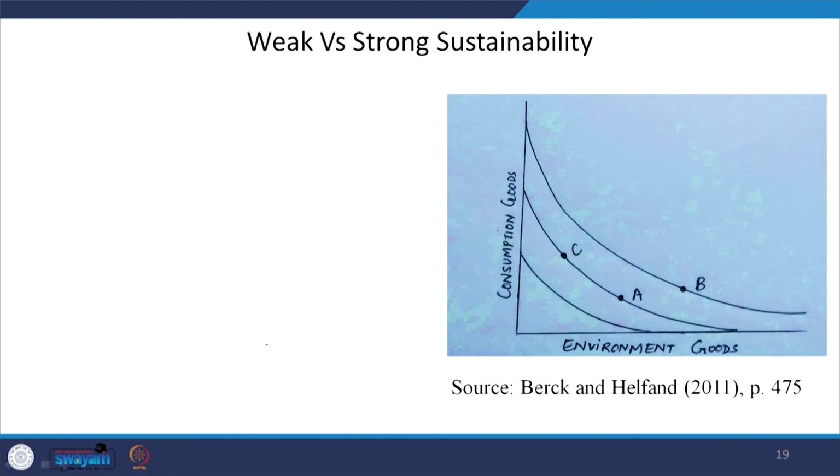So, in order to understand weak sustainability and strong sustainability, we can take into account the preference curves, which we call indifference curves. So, let us suppose that we have a preference for environmental goods as well as for consumption goods, which are marketable goods.